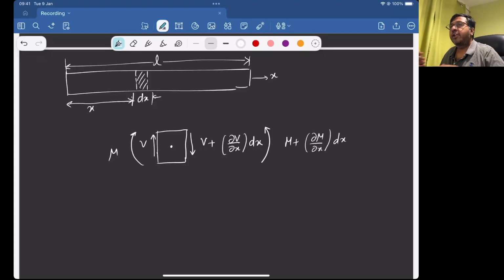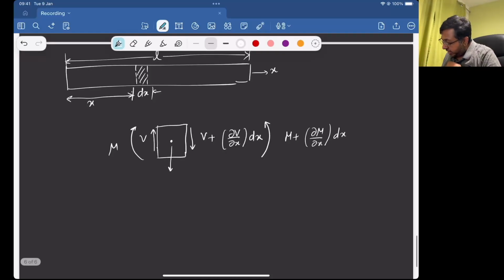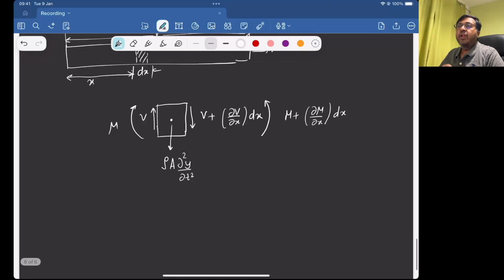And since we are interested in dynamics, I can say at the center of the infinitesimal element I have an acceleration acting as well. So I can say rho into A into ∂²y/∂t², right? There is some kind of an acceleration effect also acting along the center of the element.